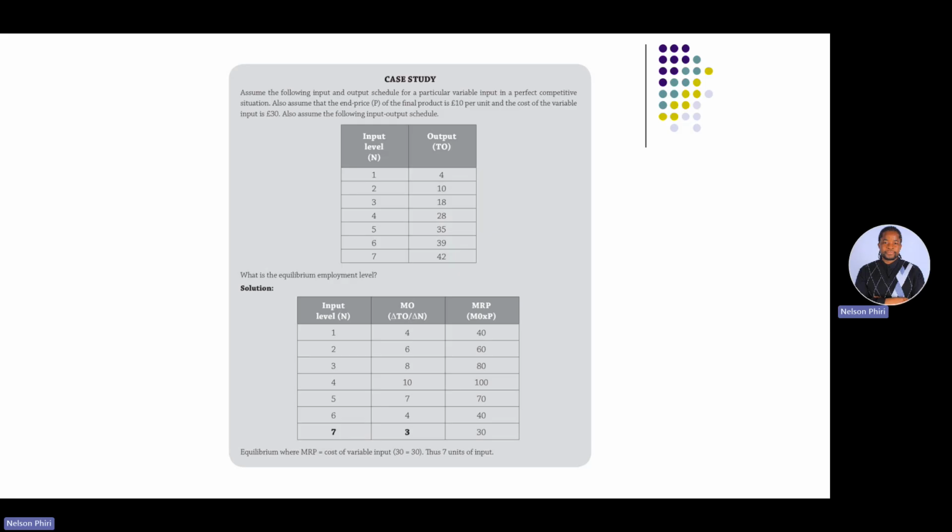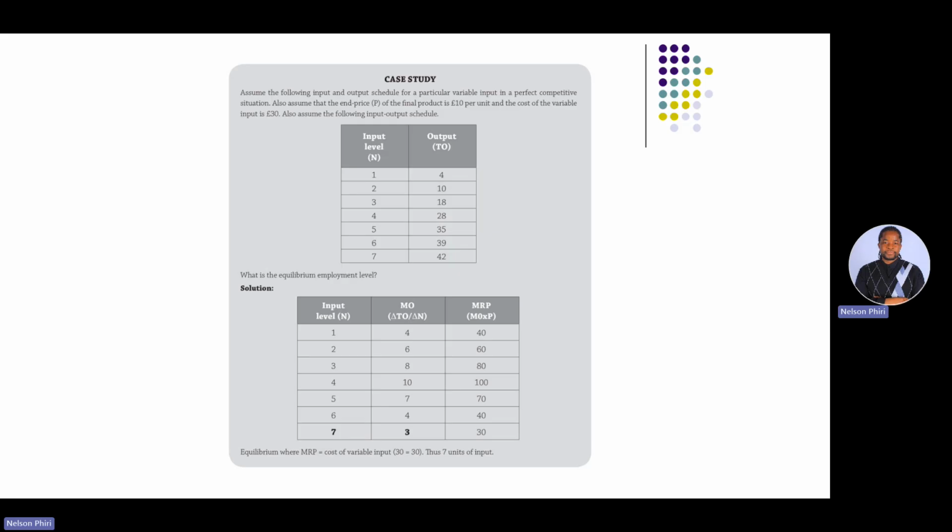So MRP equals 30 at an output level of 7. That's why MRP, which is 3 times 10, is 30. This is equal to MFC, indicated in the question that the variable input is 30. So since your MRP of 30 is equal to your marginal factor cost of 30, the output level of 7 units is your equilibrium output.